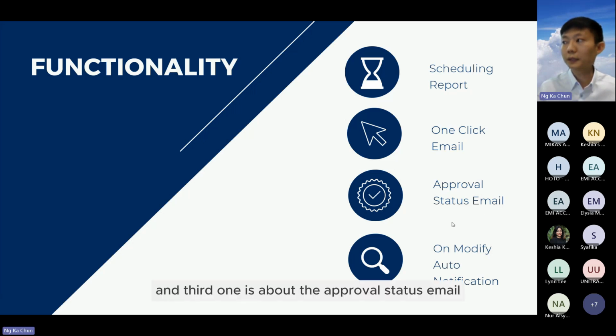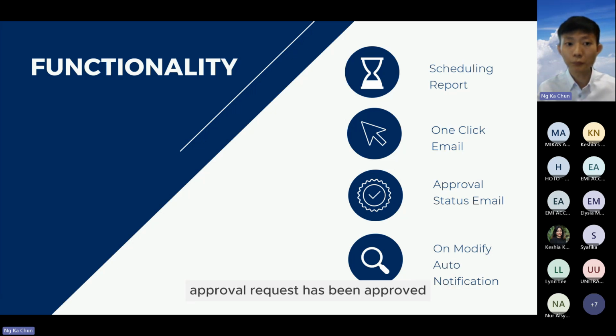And the third one is the approval status email. This means we can use the notifications to inform the related purchaser or salesperson when their sales or purchase approval request has been approved.